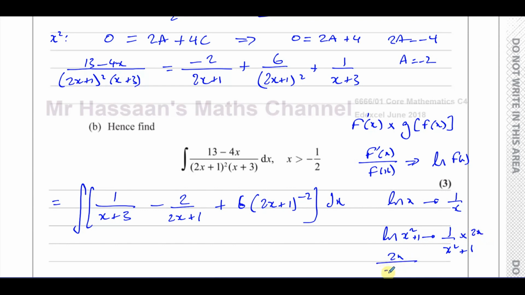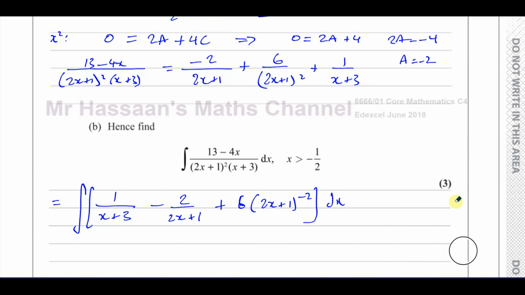I end up with 2x over x squared plus 1. Notice the numerator is of the form of the differential of the denominator. So when you see that form, you know we can integrate it, and we'll go into more detail later. So you can use the reverse of the chain rule either with ln or with the forms I have mentioned.